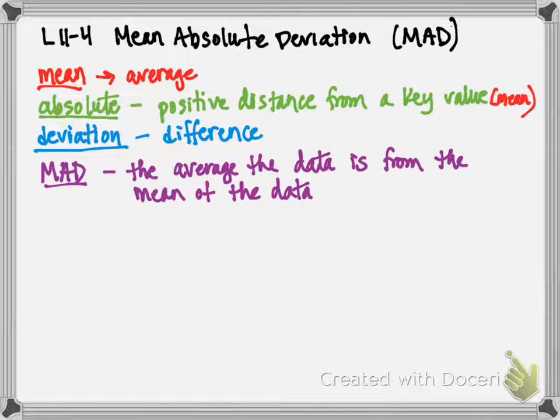Now, the word average means mean. The word mean means average. So average, average, mean, mean. You got it. It's going to happen twice. So here's the key thing when we're doing MAD and we're looking for that distance. It's always positive. That's that absolute part.